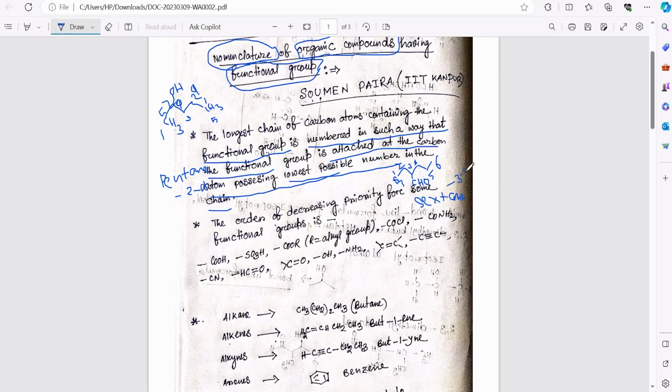Why -al? Because the aldehyde group is there.